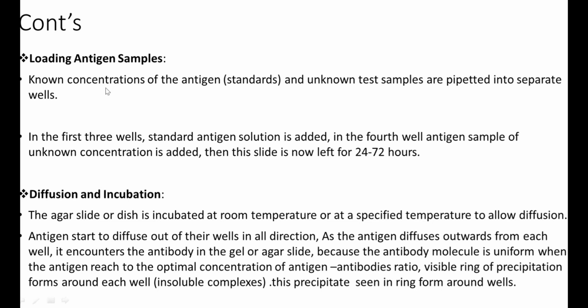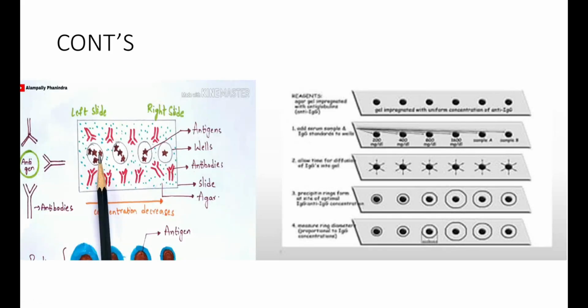After making the wells, we have to put the sample in those wells. Here there is an image which clearly shows how we are going to load the sample in the well.